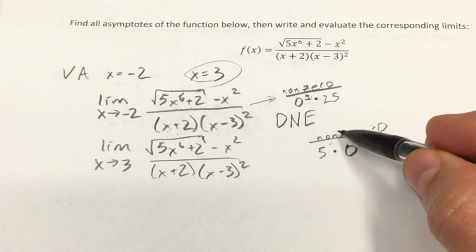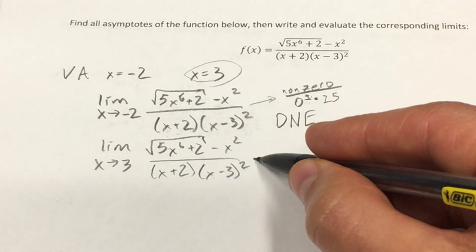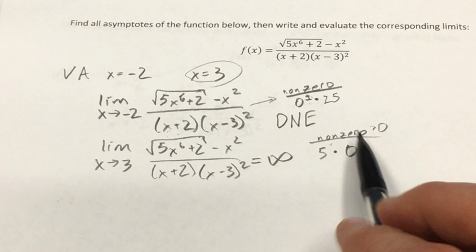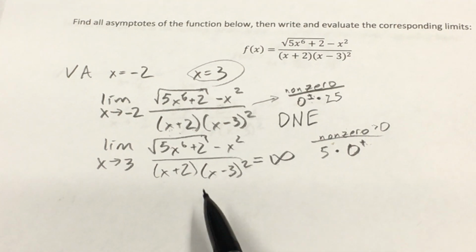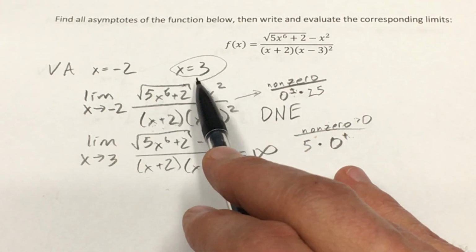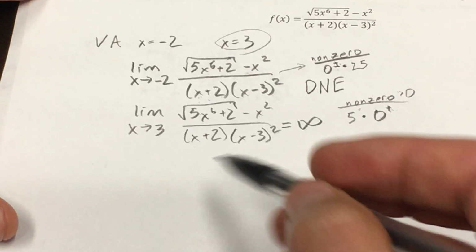Greater than 0. So we've got something positive divided by 5 times a positive very small number. So this limit shoots off to infinity, right? This one shot off to infinity on one side and negative infinity on the other side, but those are the two limits that I can evaluate that correspond to the vertical asymptotes. Two different kinds of vertical asymptotes, by the way.